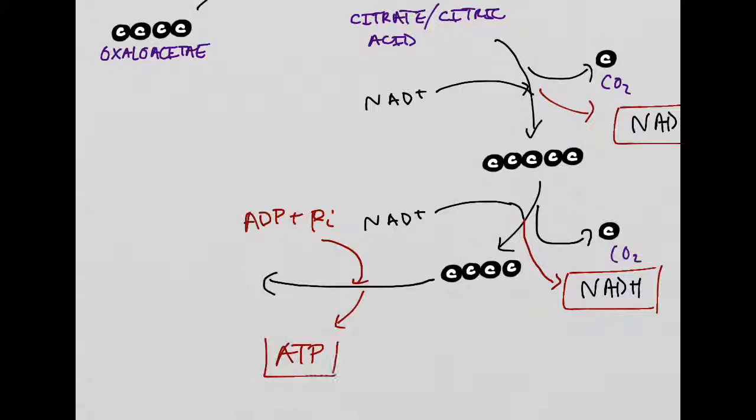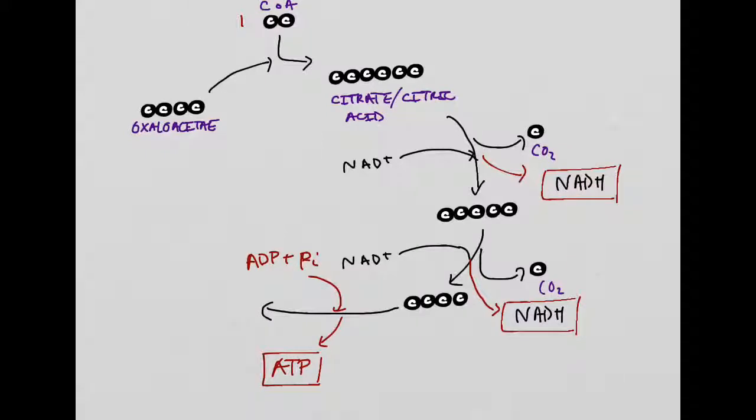So you know the whole point of this cycle is to make ATP, and we're going to use the energy stored in these NADH molecules to do that later. But we can do some substrate level phosphorylation here. So again, this 4-carbon molecule loses a little more energy, but still, it's got more.